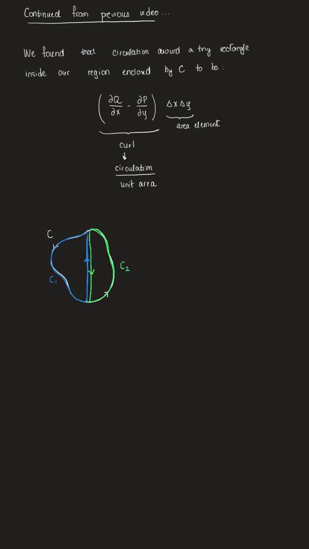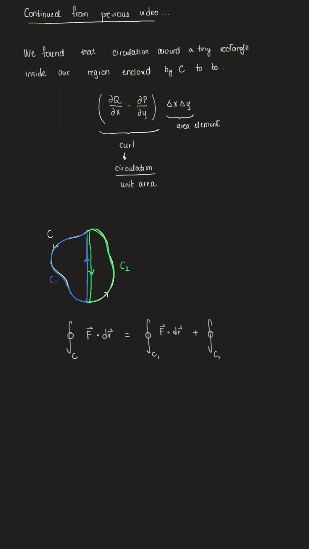But notice that the integral over curve C of our dot product between f and the tangent is equal to the integral along C sub 1 plus the integral along C sub 2.